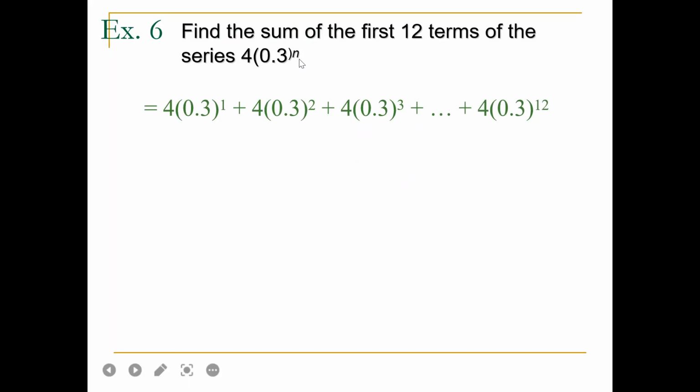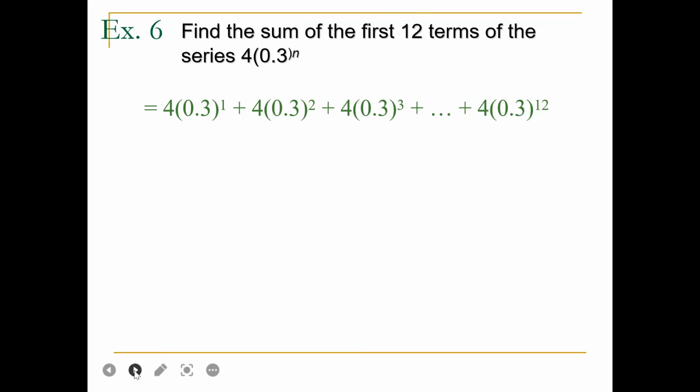For the first term, n is 1, so we substitute 4 multiplied by 0.3 raised to 1, plus for the second term, our n is 2, so we'll have 4 multiplied by 0.3 raised to 2, plus, and so on. Since we have 12 terms, our n there is 12. That is the last term.